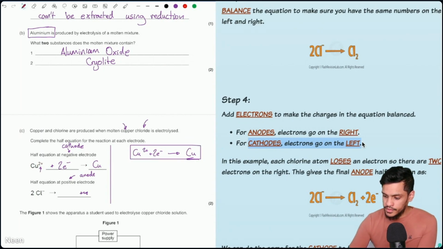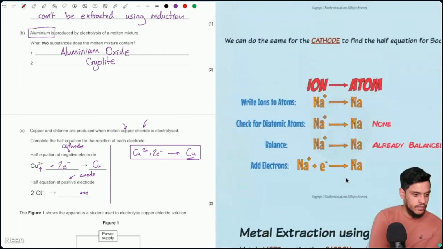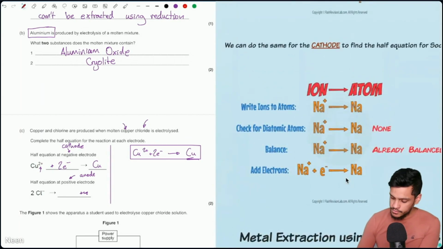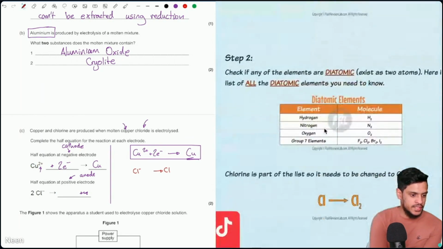Let me follow the same steps for chlorine. So let's go back to our steps again. Write ions to atoms first. So ions, Cl minus, to atoms, Cl, arrow. Next step, check for diatomic atoms. Is chlorine diatomic? Yes, it is.